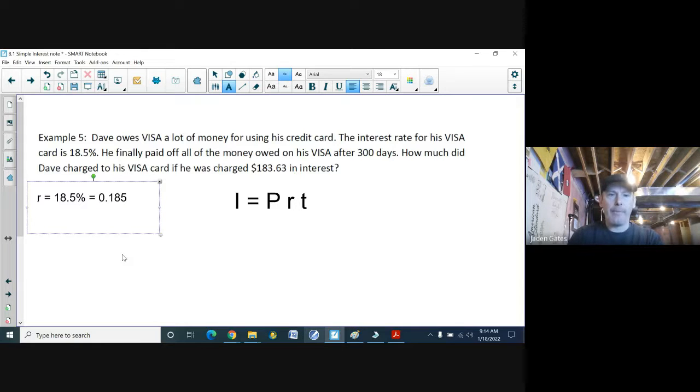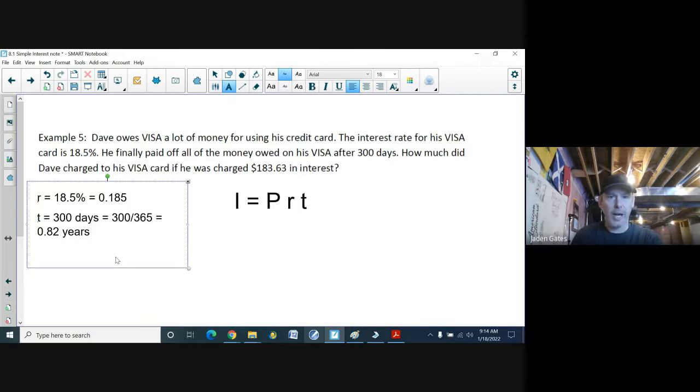He finally paid off his Visa in 300 days. So T is equal to 300 days. No good to us, though, because I need to convert that to years. So I'm going to take that 300 and divide it by 365, because that's how many days there are in a year. I get 0.82 years. All right, so my time's in years. Got that all straightened out.